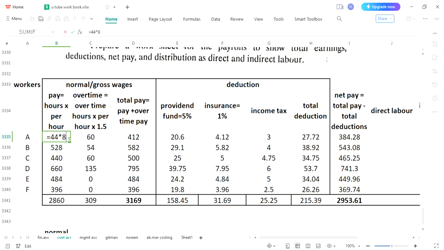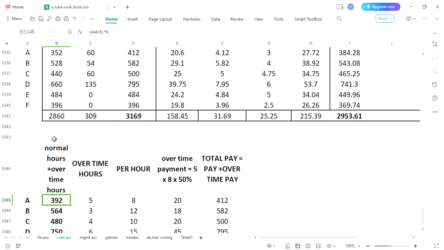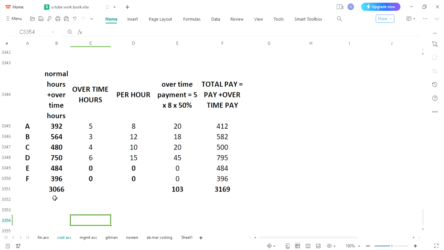You haven't included overtime hours in normal payment. In second method, you have added overtime hours, 5 into normal hours. That would make the difference. So in this way, both methods ultimately will give you the same answer for total payment.